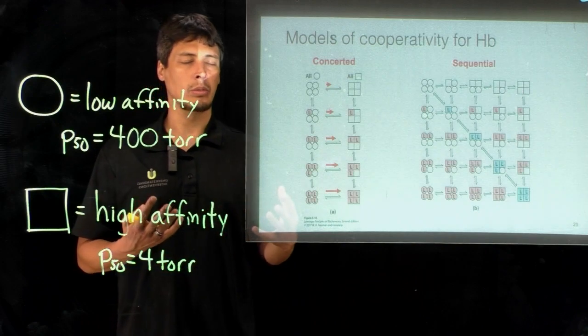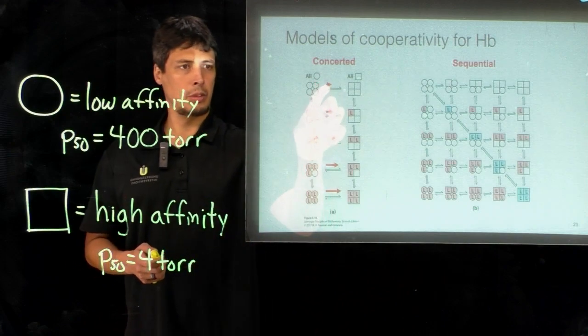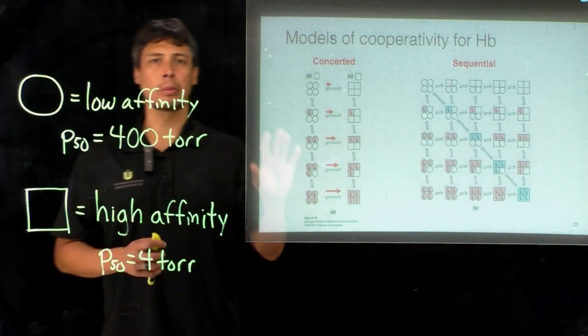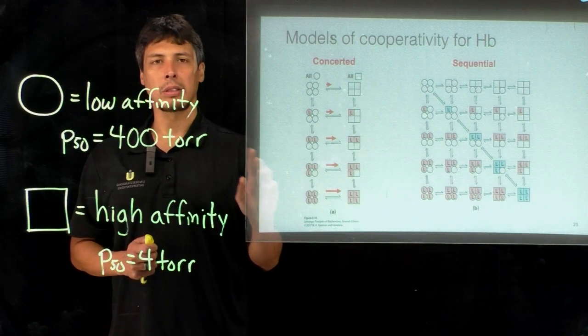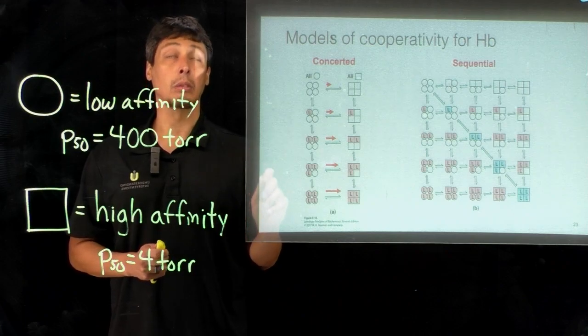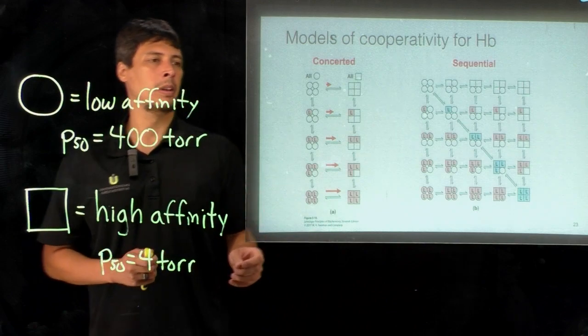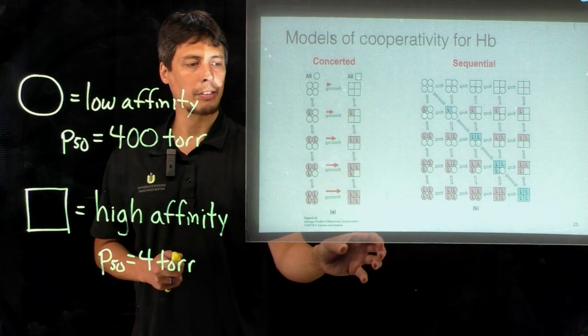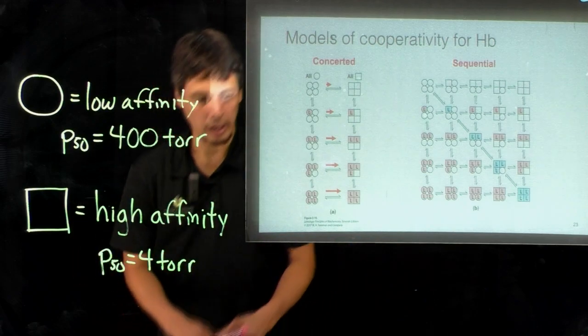And that's going to cause the sigmoidal behavior. So this red arrow means that the equilibrium starts getting pushed further and further to the right. The more subunits have oxygen bound to them, that will push this towards these high affinity sites shown here on the right. So this is sort of an all or none.